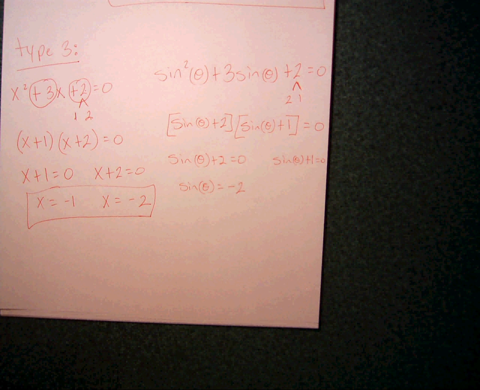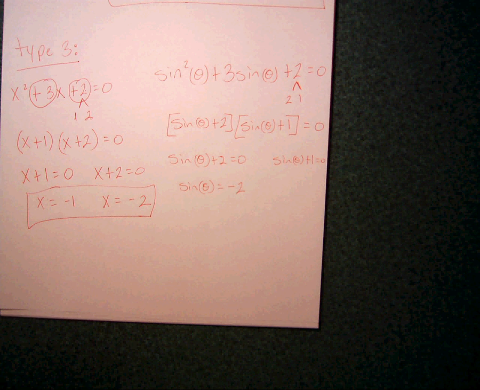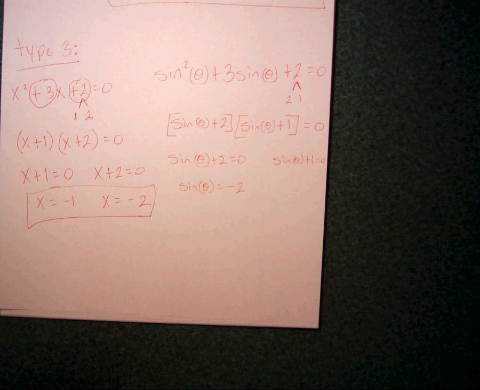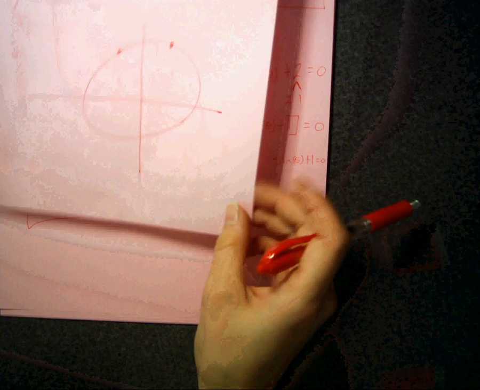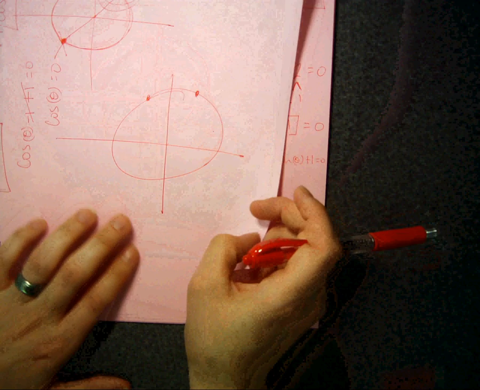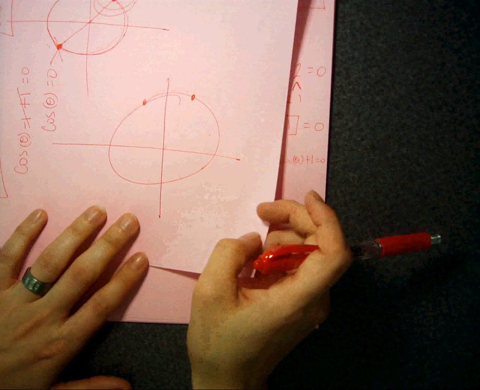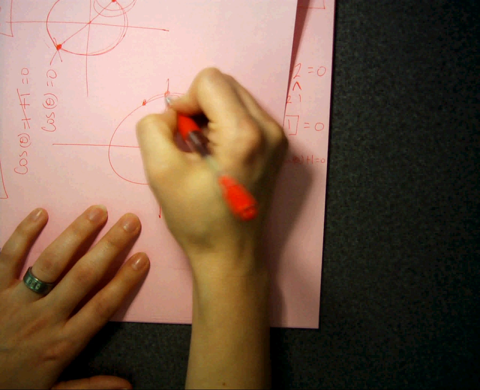Why not? All right. What is the smallest sine can be? What is it? -1. Right? Look like you're in a circle. Sine is what? X or Y? Y. It's my unit circle, right?